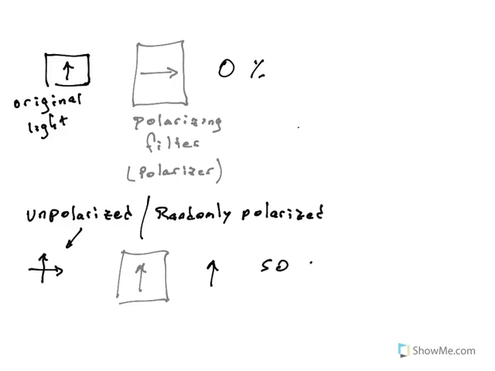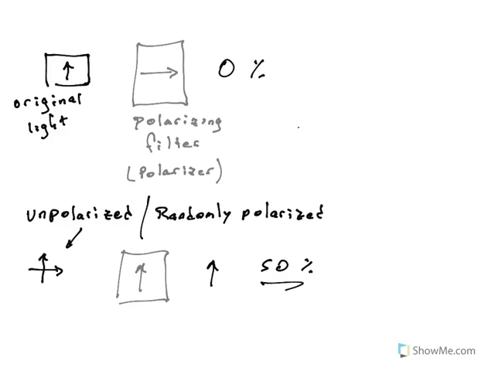And so it turns out you only keep 50% of the light. So of all the light coming from the sun, if you have a polarizing filter, then only half the light can get through, because the other half, since this is random, is polarized in the opposite direction. So half the light gets blocked out, and the light that goes through you now know has to be polarized in the same direction as the polarizing filter.